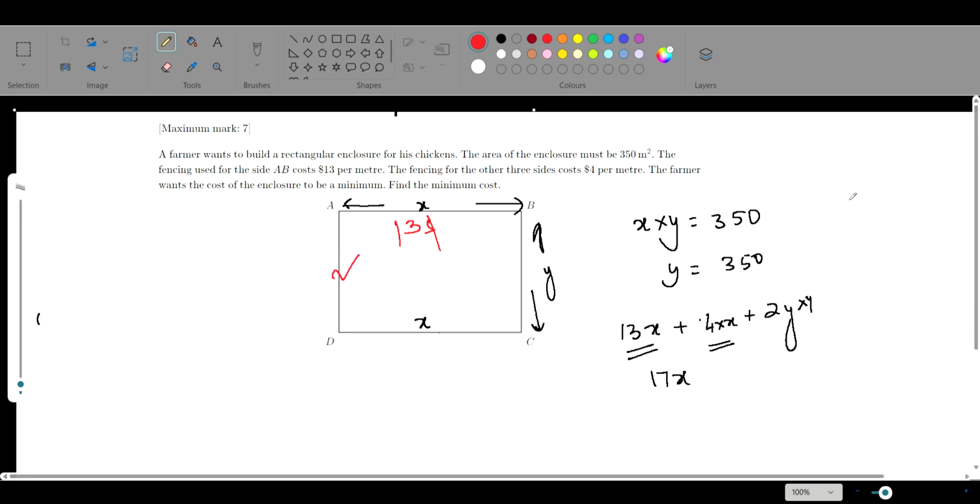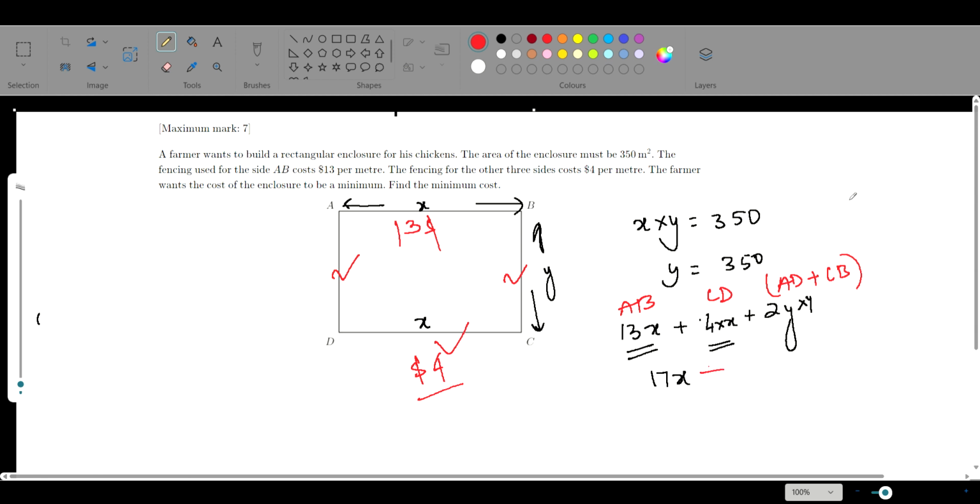The rest, AD, CD, BC, cost $4 per meter. So it's AB, it's CD, and 2 times Y is AD plus BC. 2 times Y times 4.